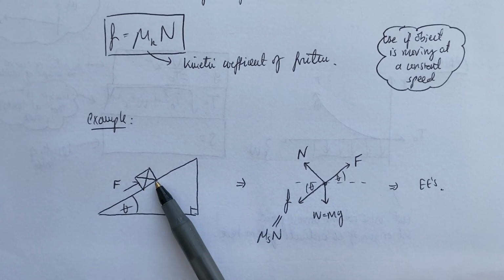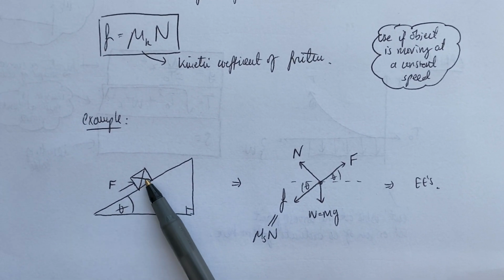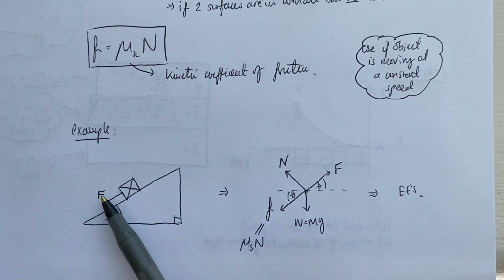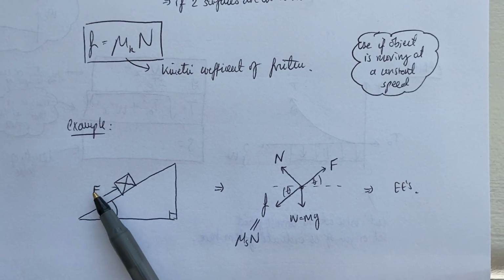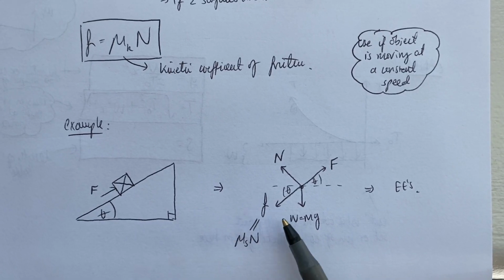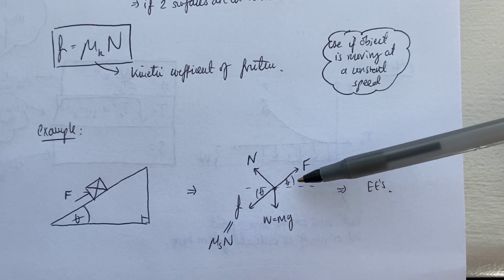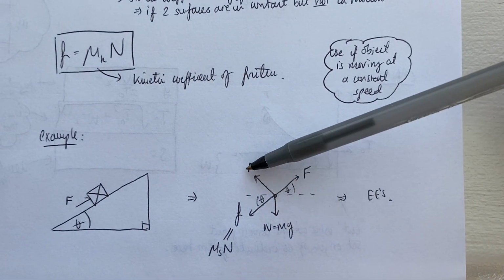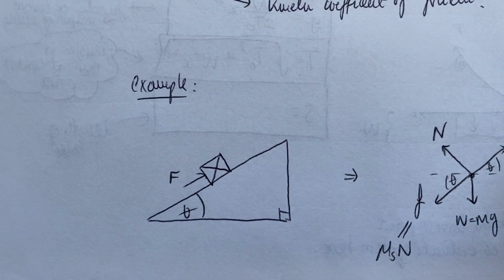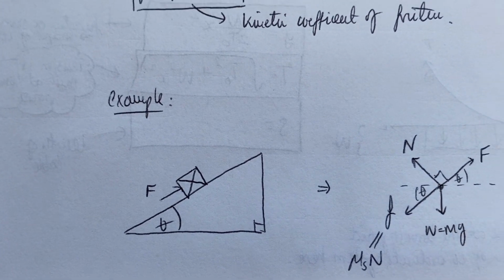Obviously the frictional force between the box and the slope is acting back down the slope, parallel to F, the force F, but in the opposite direction. So that's what I've sketched here. I've got F going up the slope. The normal force is perpendicular to the slope, right? So this is at 90 degrees.